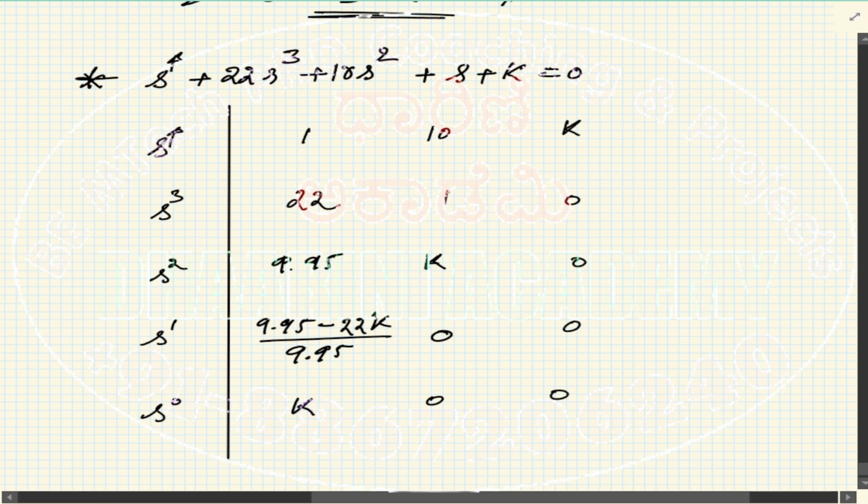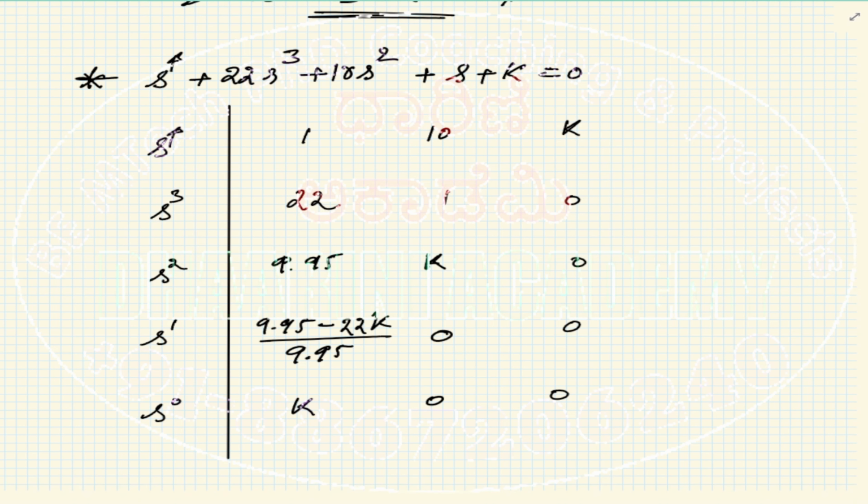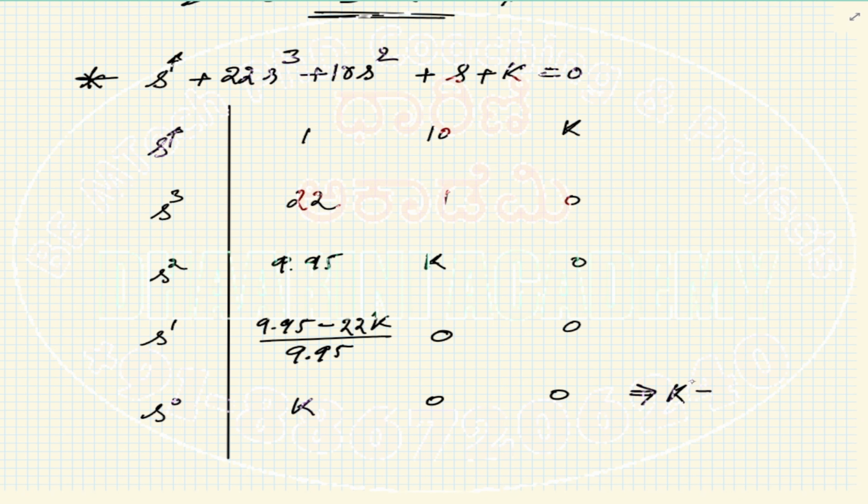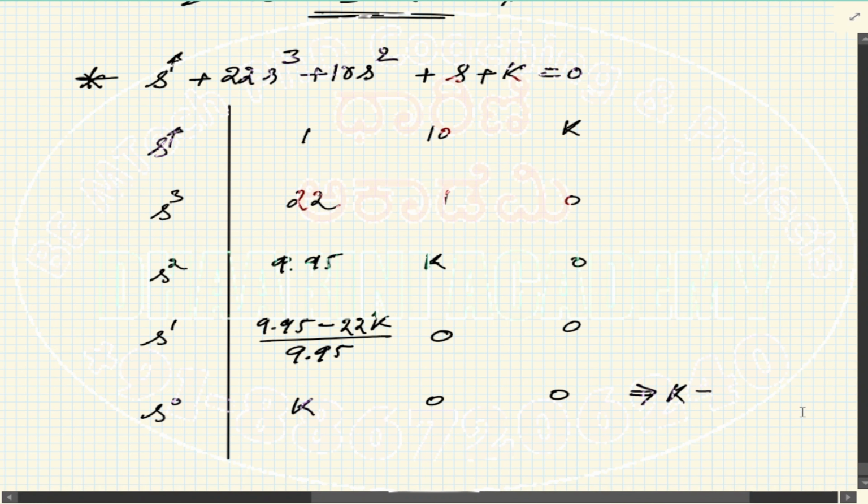Now, the first three values are positive, so if the system has to be stable, everything should be positive. So, tracing that out, we find that k should be greater than 0, since the last line has to be positive.